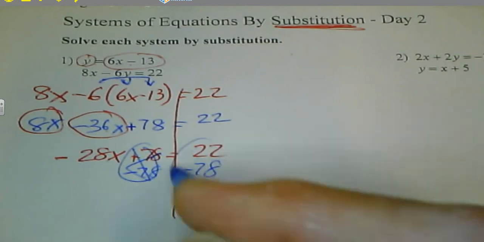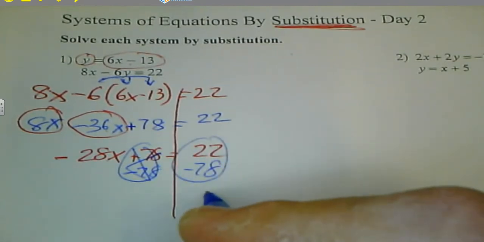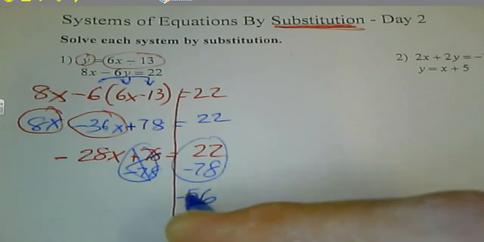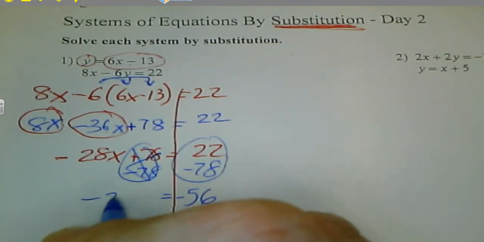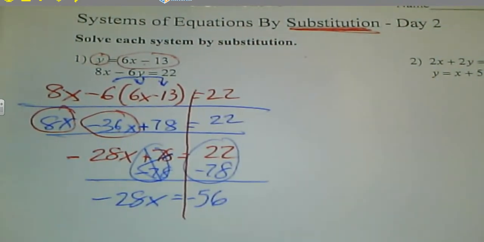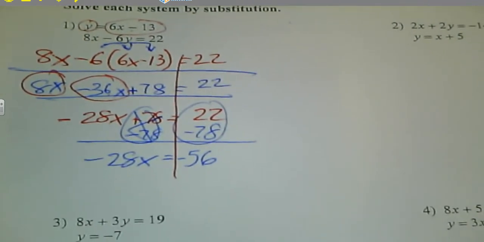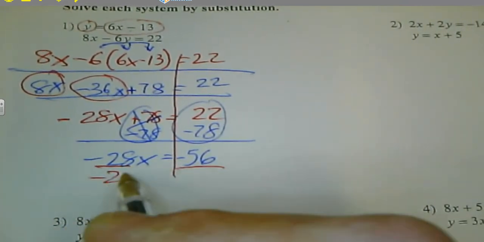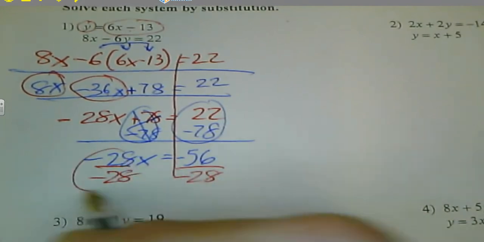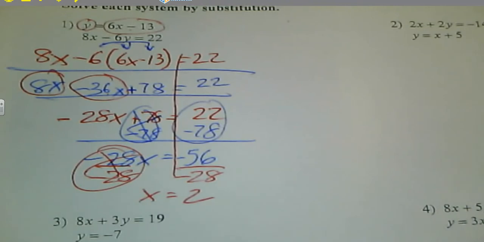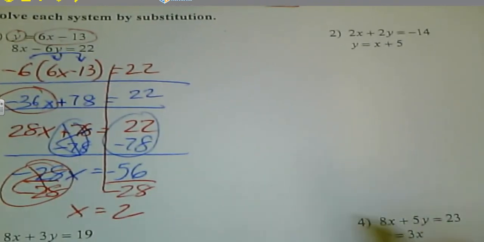Our 78s are gone. 22 minus 78 should be negative 56. And bring down that negative 28 times x. And I think we did it right because if I divide by negative 28, x equals, should be 2. And yep, that's it. So my math was correct.